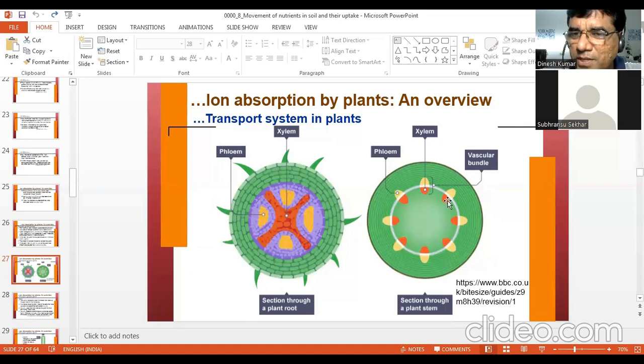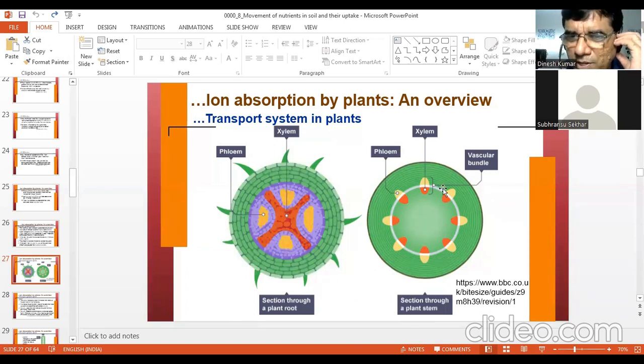The bundle has two kinds of things. One is your xylem inside. Xylem is inside this circle, and then phloem is outside. These are all phloem, and inside this is xylem. Xylem many times will accumulate lignin and some other substances. So therefore it is also considered many times a dead tissue.